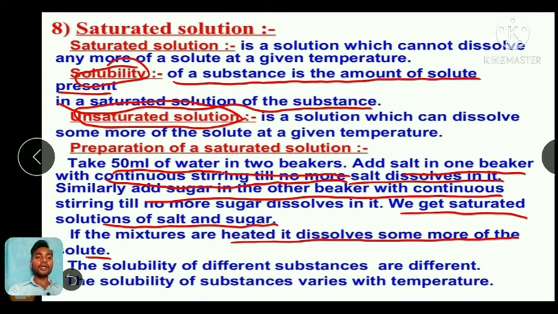The solubility of different substances is different, and this is also very important. The solubility of substances varies with the temperature, and when the temperature changes you will notice their solubility changes accordingly.